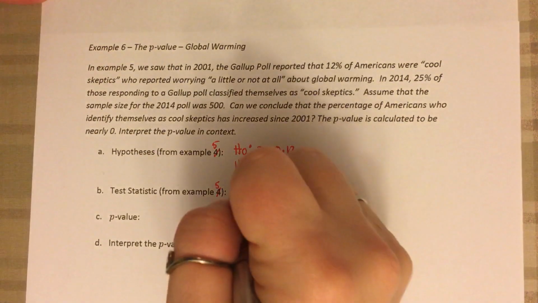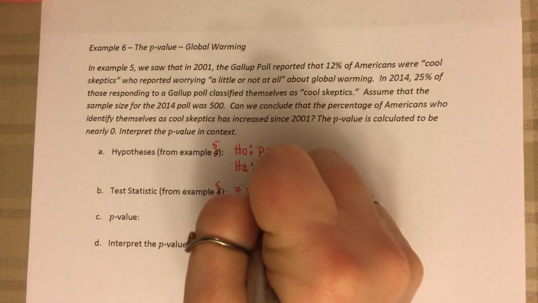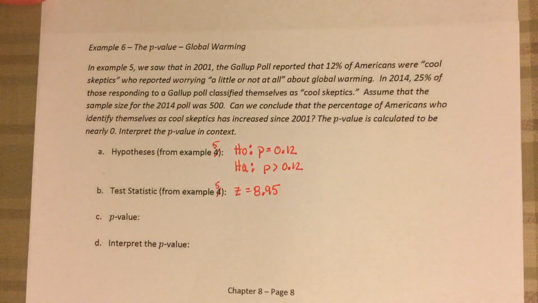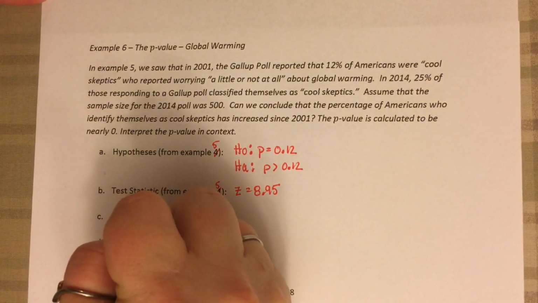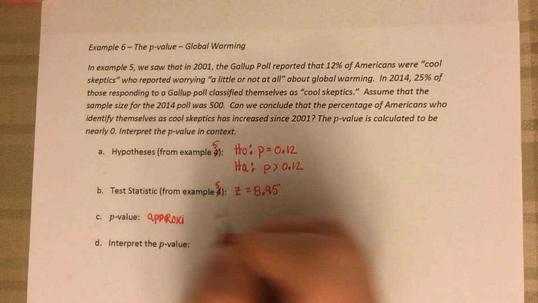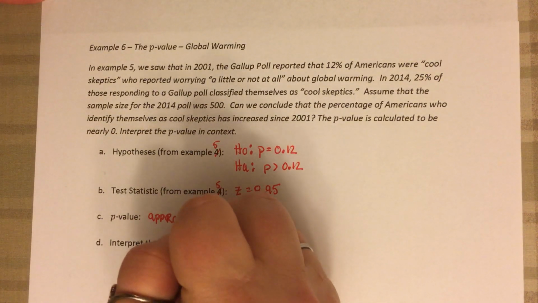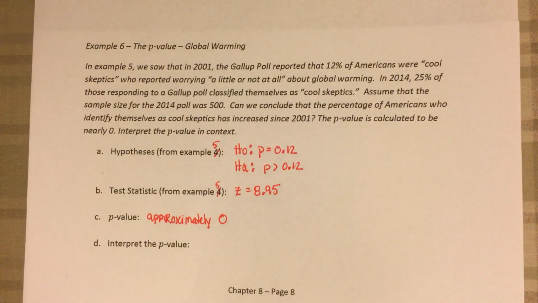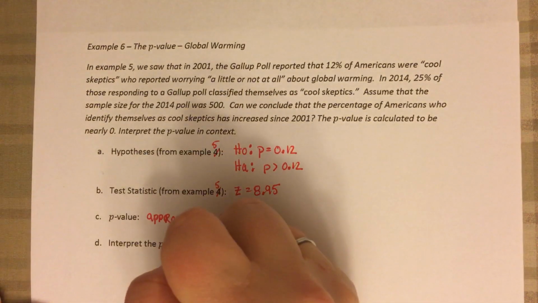Our test statistic from our last example, our z-score, was 8.95, right? And we are told in this paragraph above that our p-value is approximately 0, right? So thinking about the information that was on the previous page, right?